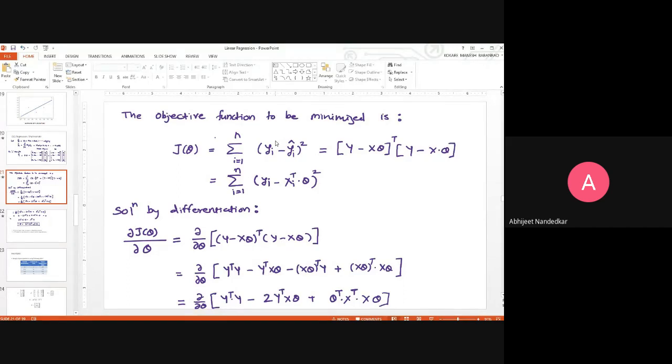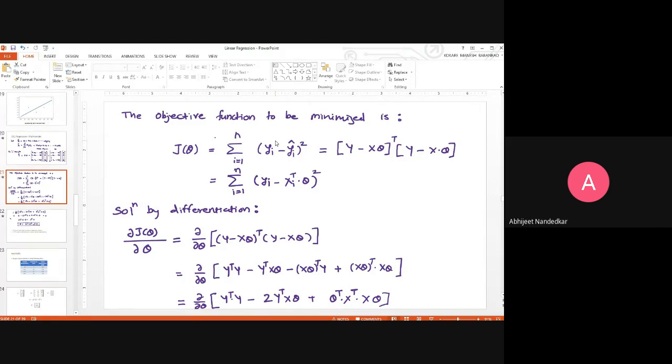What is an objective function? This is the function which will help me fit the proper plane at the proper location and position. So how is this done? We calculate the actual error because of the fitting.